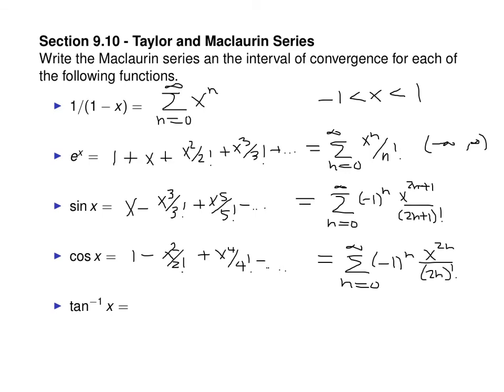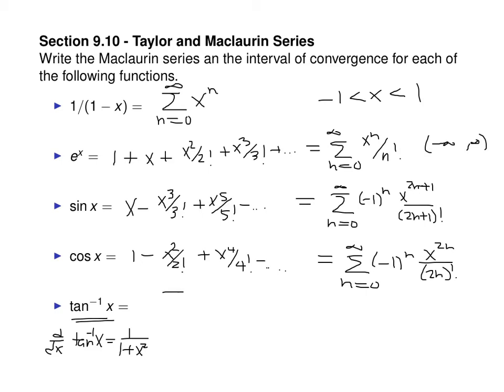And the last one was inverse tangent. This one was found using the fact that the derivative of inverse tangent is 1 over 1 plus x squared. And you had to integrate 1 over 1 plus x squared to get inverse tangent of x.